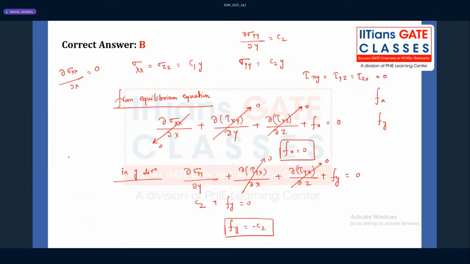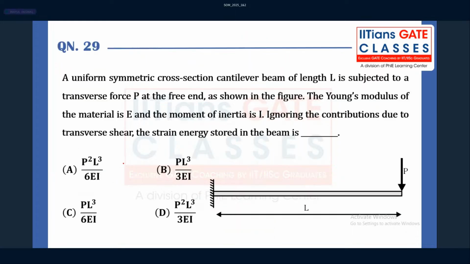Now moving on to the next question, that is question number 29. A uniform symmetric cross-section cantilever beam of length L is subjected to a transverse force P at the free end, as shown in the figure. Young's modulus is given as E, moment of inertia is given as I. Ignoring the contributions due to the transverse shear, the strain energy stored in the beam is what?